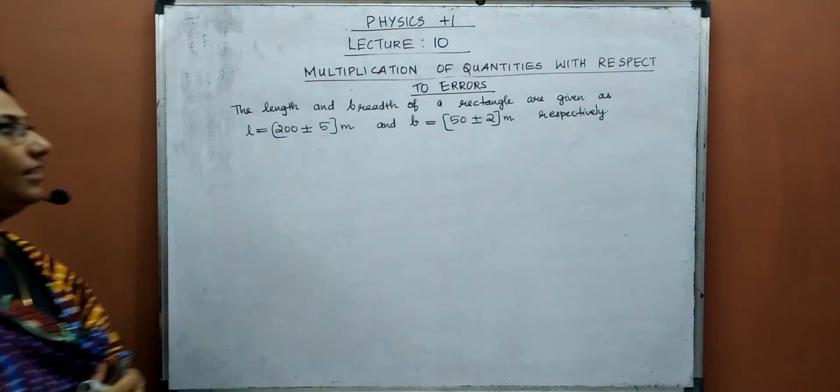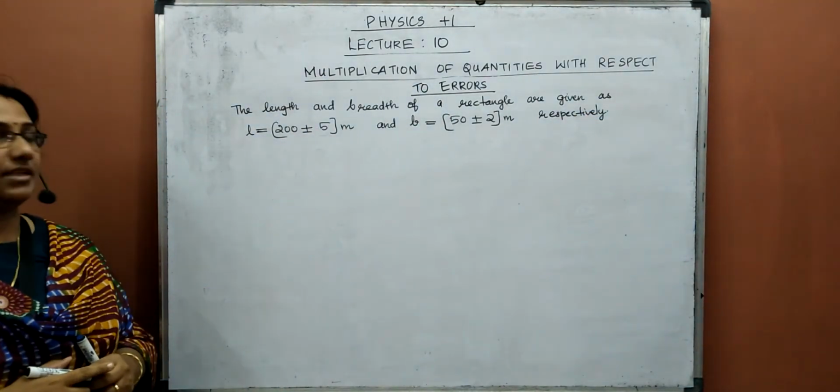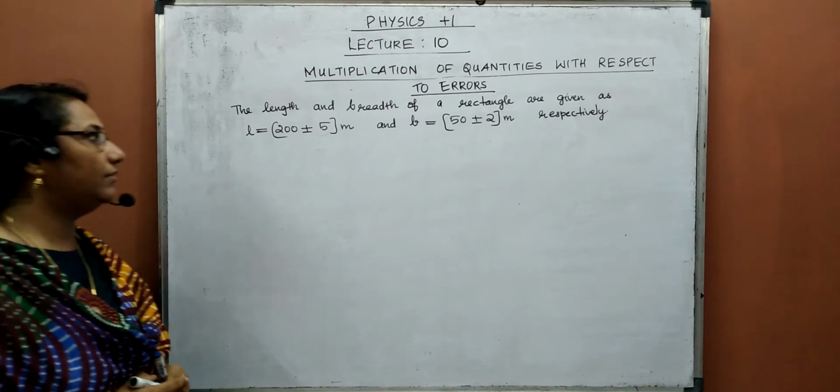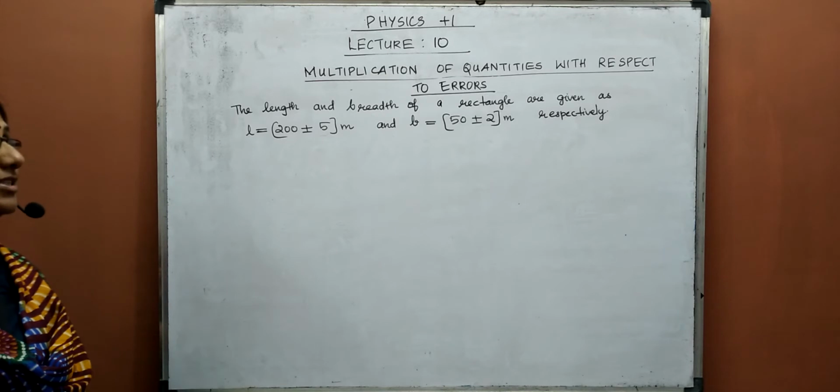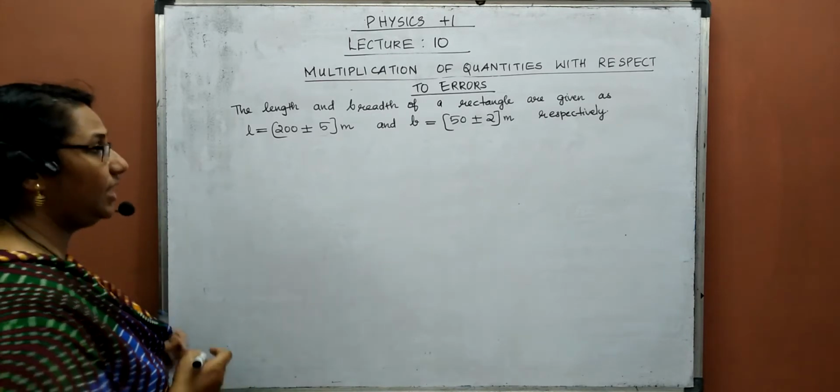Okay, the length and breadth of a rectangle are given as L = 200 ± 5 meter and breadth B = 50 ± 2 meter respectively.